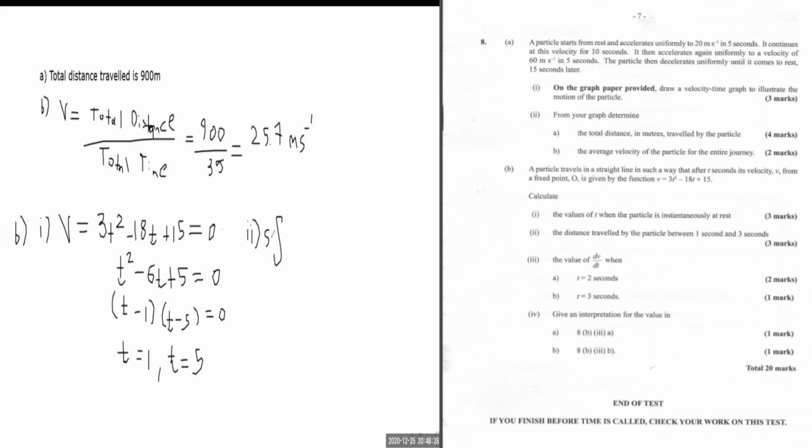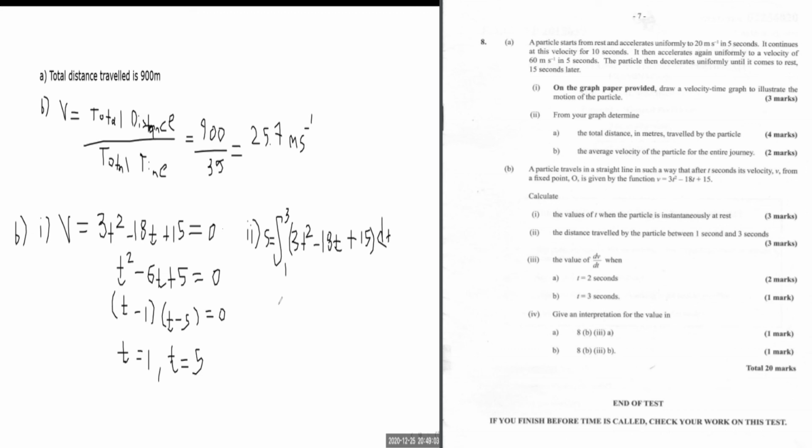Let's call that distance s. s is the integral from 1 to 3 of the velocity, which is 3t squared minus 18t plus 15. Remember we're integrating with respect to t.